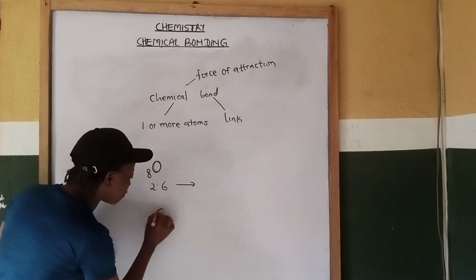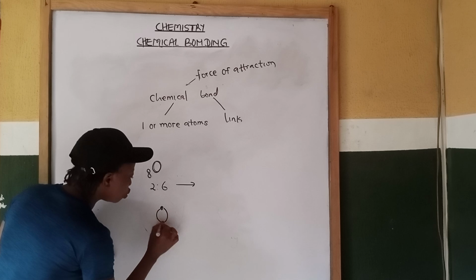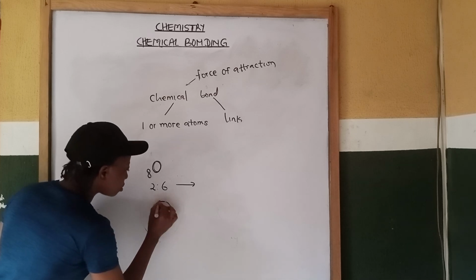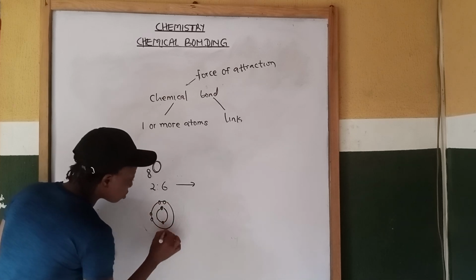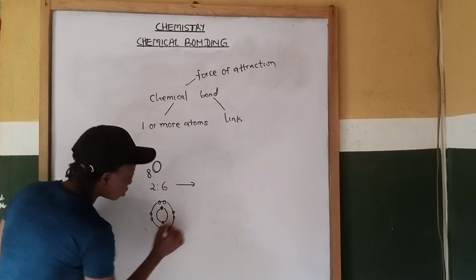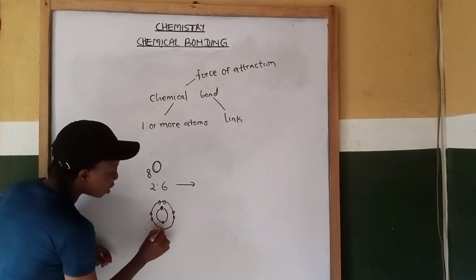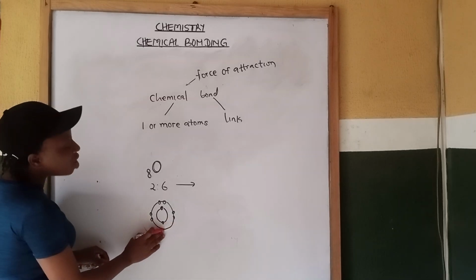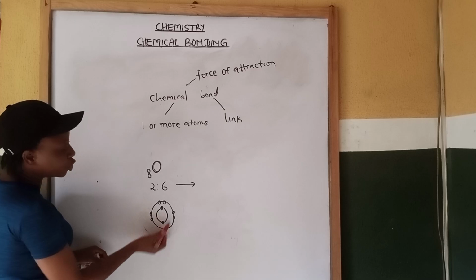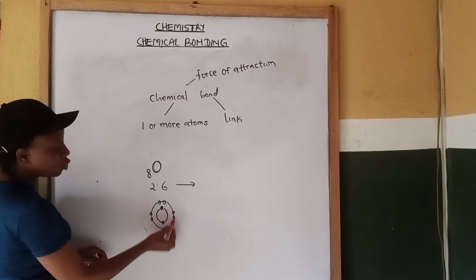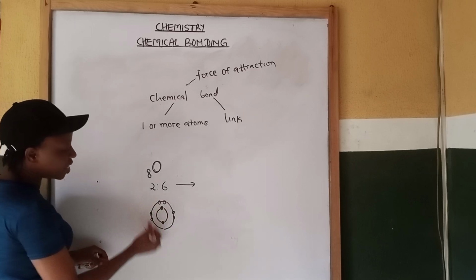The structure is in this form, 2, 6. Now, to acquire a noble gas structure, it needs 2 more to balance the outermost electrons to 8.